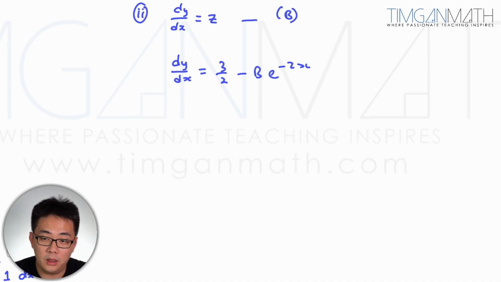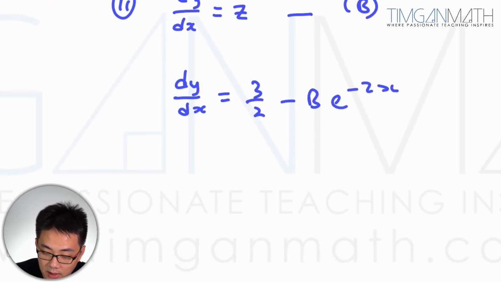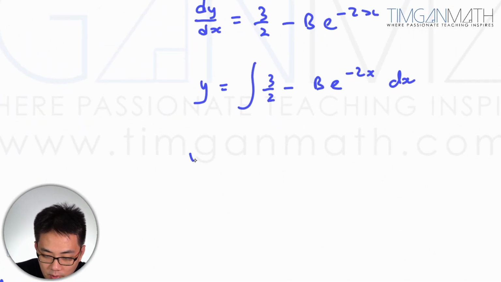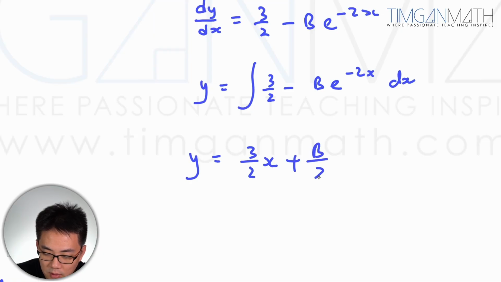To make y the subject, y is just the integral of this expression. What we get is y equals 3 over 2 x plus B over 2 e to the power of minus 2x. Just remember to divide by the negative 2, then plus c.